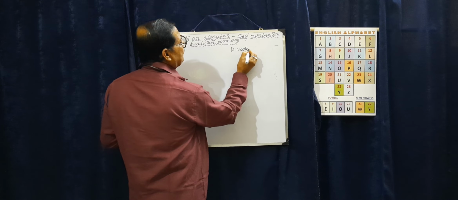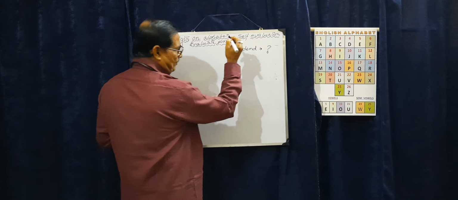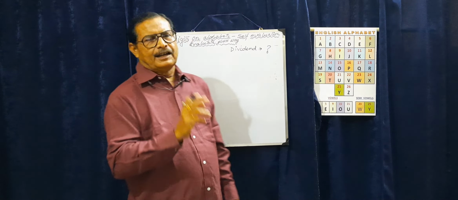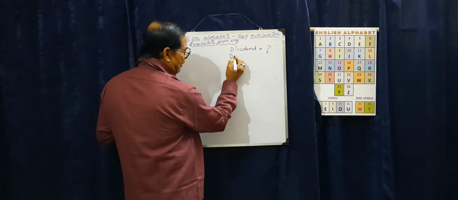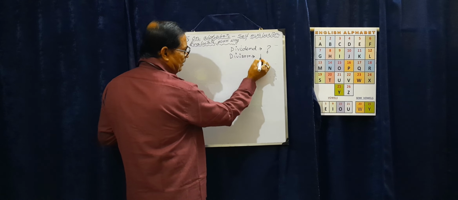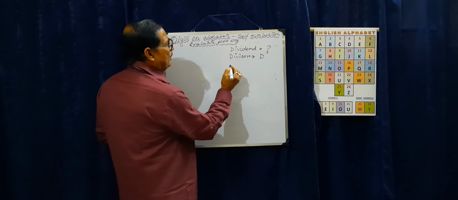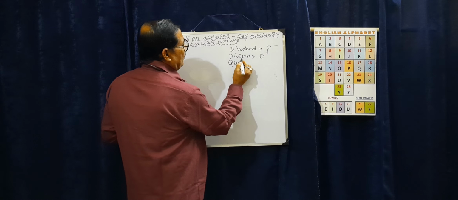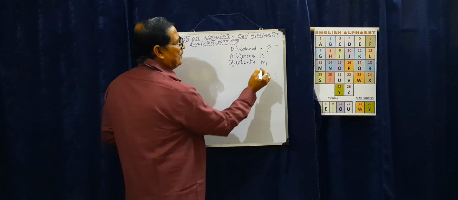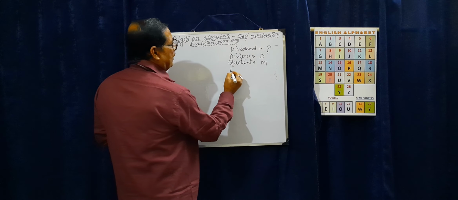Dividend. Now, what will be the dividend where the divisor is D, the quotient is M and the remainder is B?